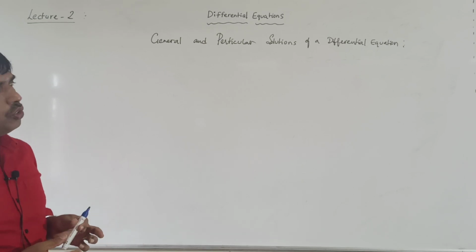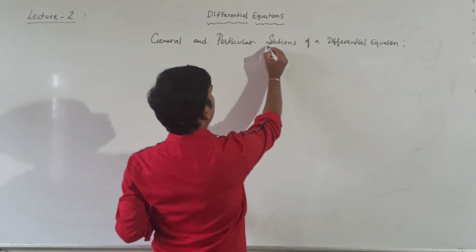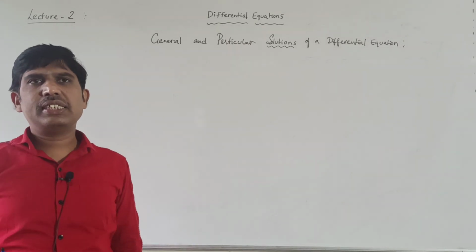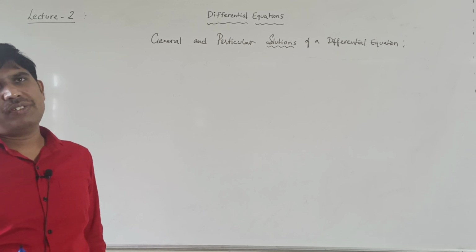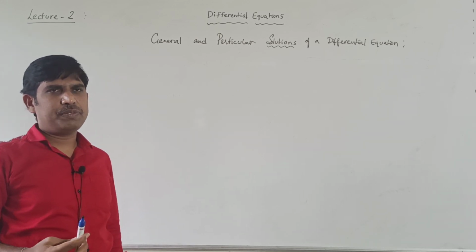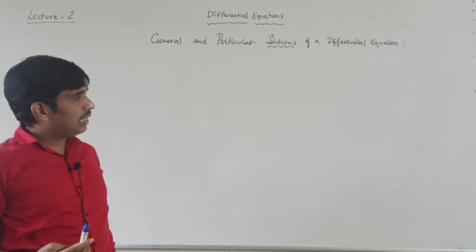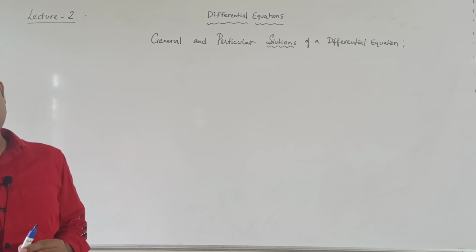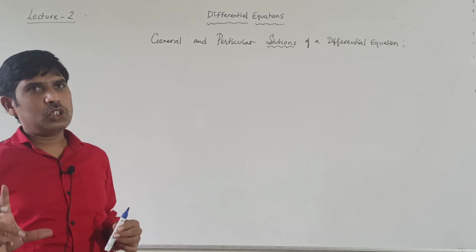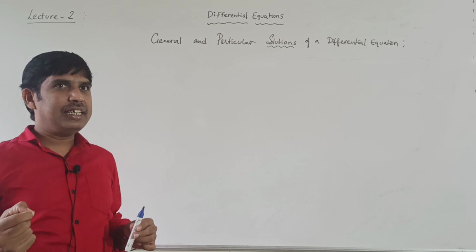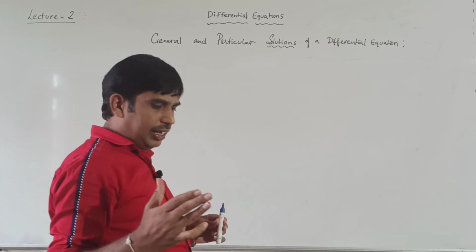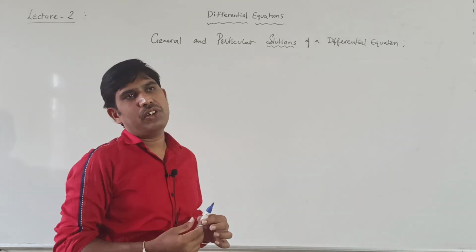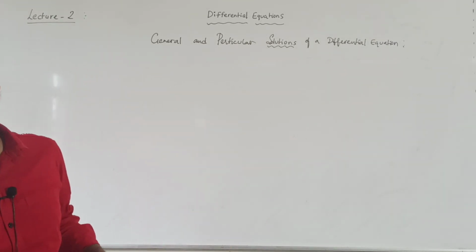So what is a solution? A solution is that which satisfies the given equation or differential equation. What is meant by general solution and particular solution, we will discuss later. For now we just need to know whether a given function is a solution or not for a given differential equation.